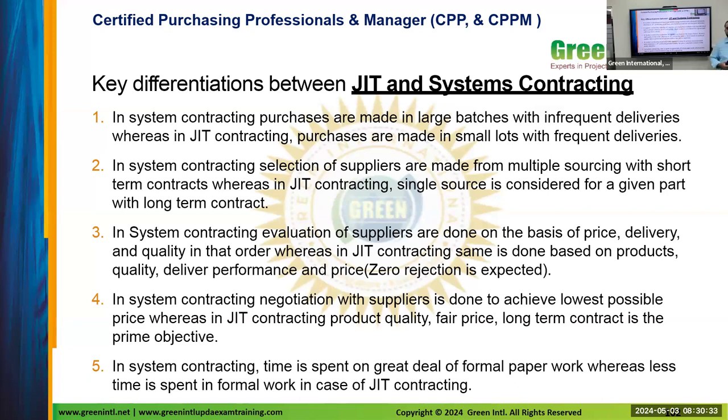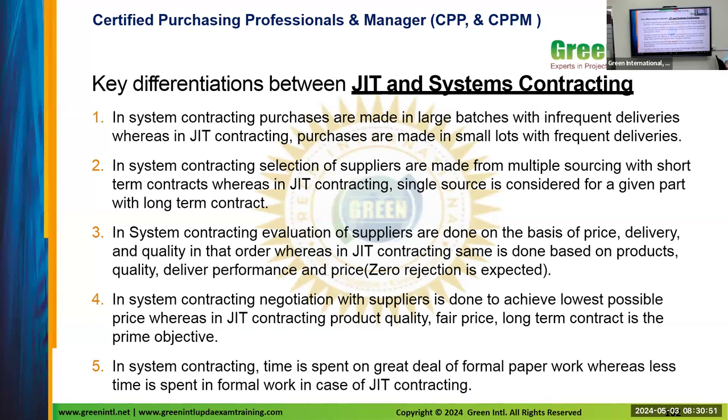Because if there are multiple suppliers, the relationship will not be that strategic or that close, and the efforts will not be 100% from the supplier. So it's always advised for just-in-time to go for a long-term contract with a single source.